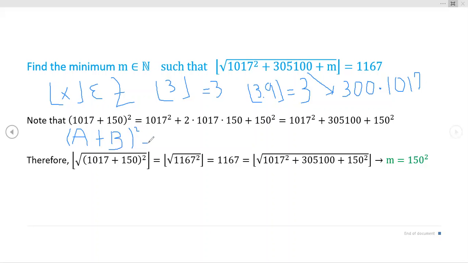You can expand it out with the double distributive property, if you want to think that way. But you have a squared plus 2ab plus b squared.